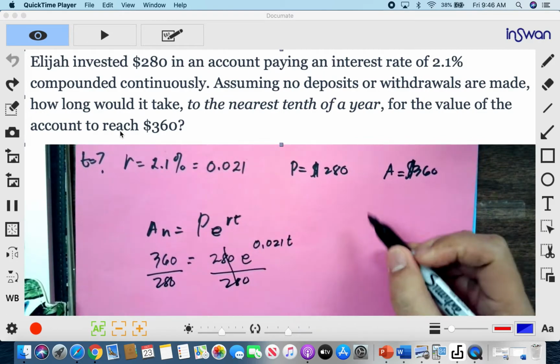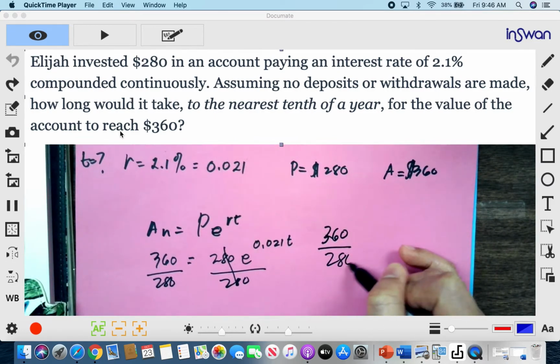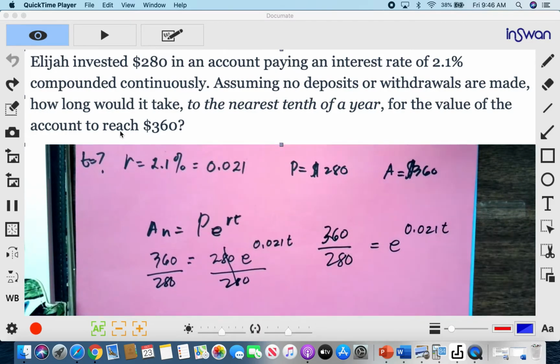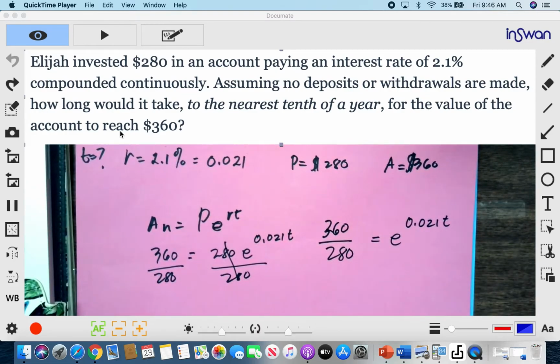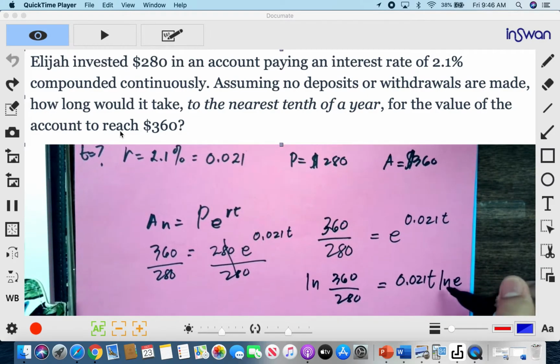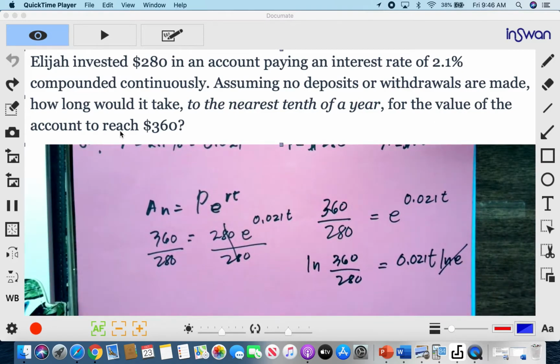And so 360 divided by 280 is equal to e raised to 0.021t. And then all we need to do is to take the natural logarithm of both sides of the equation.